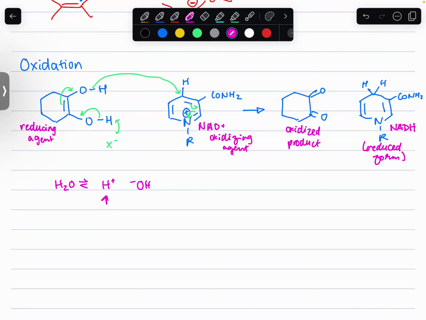A proton is H plus, so it's a hydrogen with no electrons. But H minus is a hydride, and that is a hydrogen with electrons. So here, we're moving the electrons with the hydrogen, not just the hydrogen. So it's a hydride.